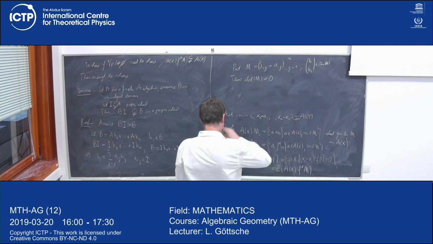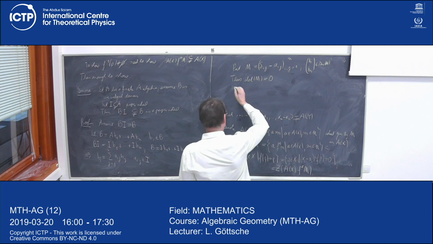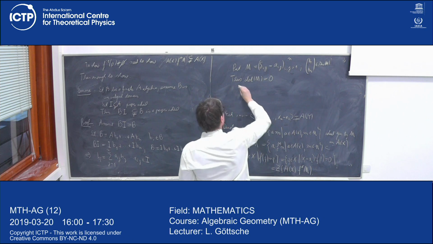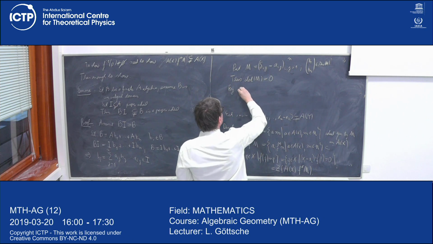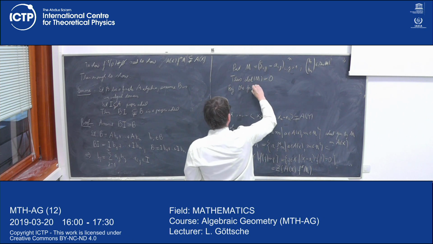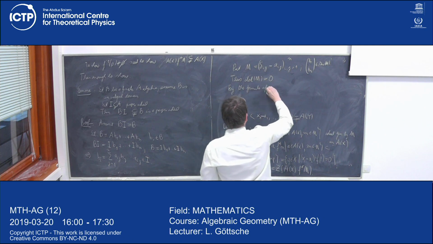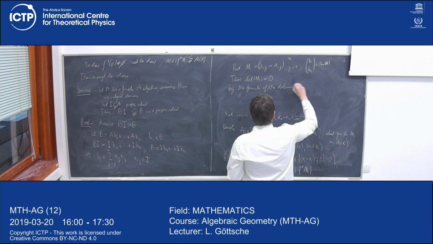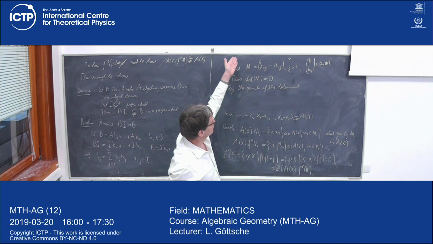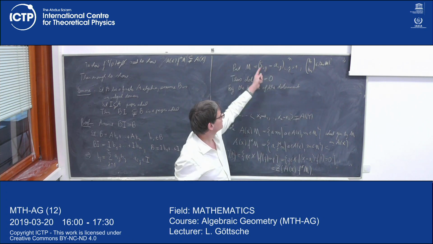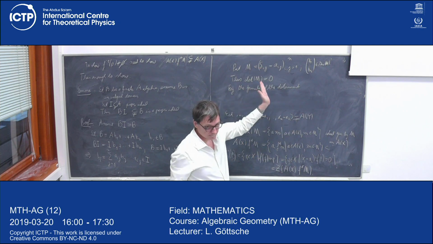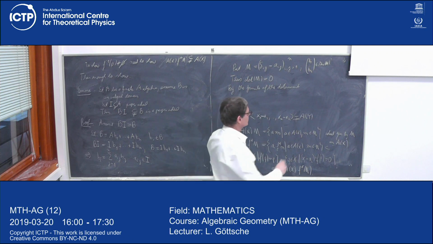So by the formula of the determinant that we had before, we can take one diagonal term, which gives us 1, 1, 1, 1, 1. So we have 1, and then we have other terms.